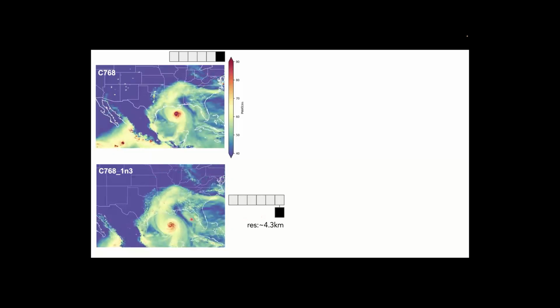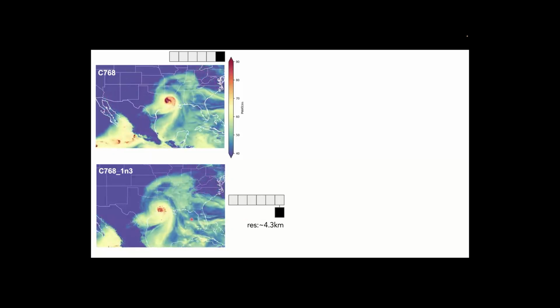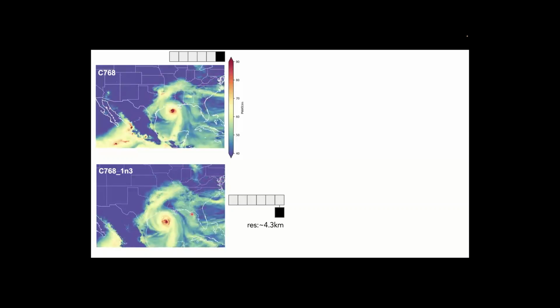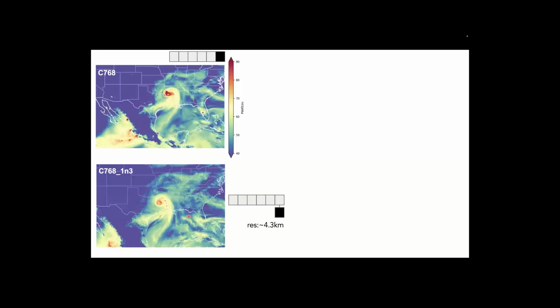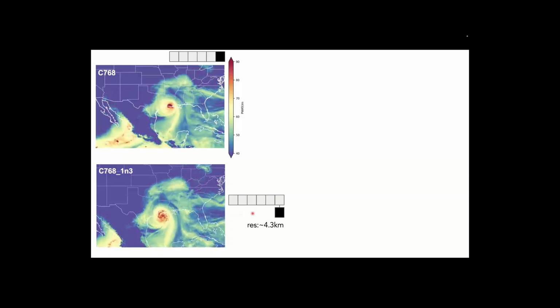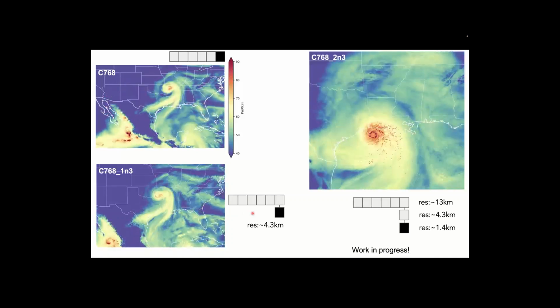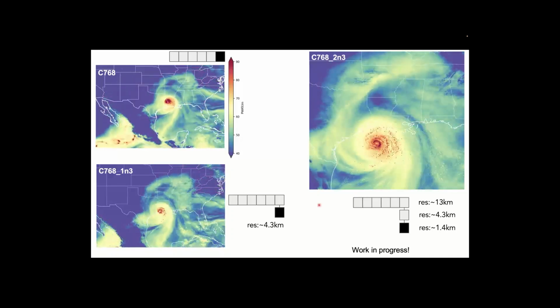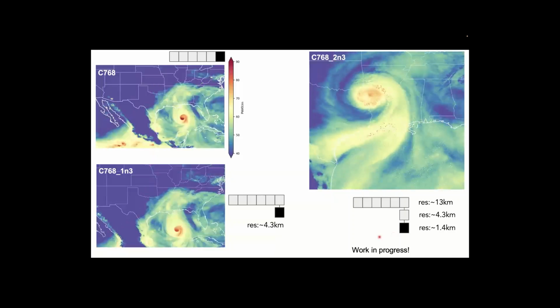I'm hoping you are able to see this simulation as smoothly as possible. You can already see some fine structure and more details in this snapshot at 4 kilometers compared to the 13 kilometer. And here is the 1.4-kilometer result on the telescopic nest.